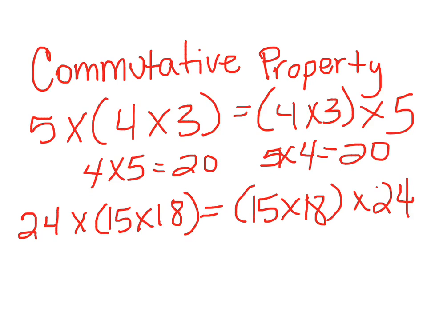I changed their locations. So 24 times 15 times 18, and then I flipped it, 15 times 18 times 24. So I changed the location, but my answer is going to be the same. It doesn't matter which way I multiply it. It's still going to give me the same answer. Okay, so that's the commutative property.